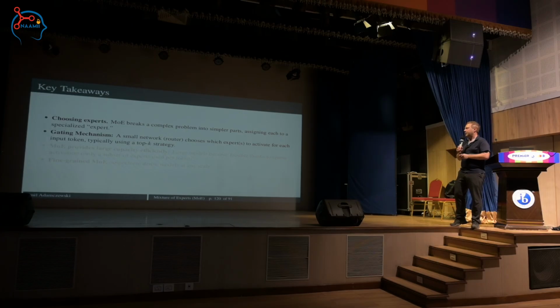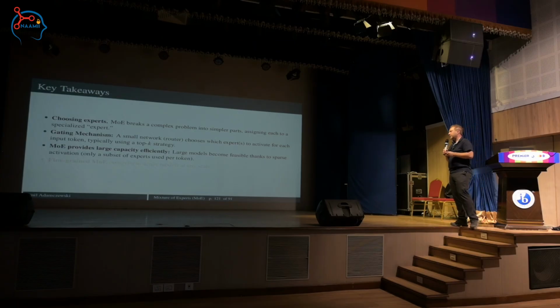It is a key component of the mixture of experts. As a result, MOE provides large capacity efficiently. Large models become feasible because of these sparse activations, that we only activate parts of the model for a given input. And finally, fine-grained MOE outperforms these models at any scale.